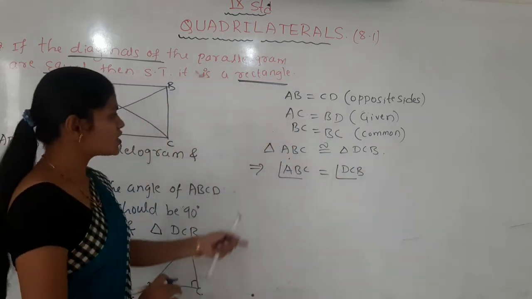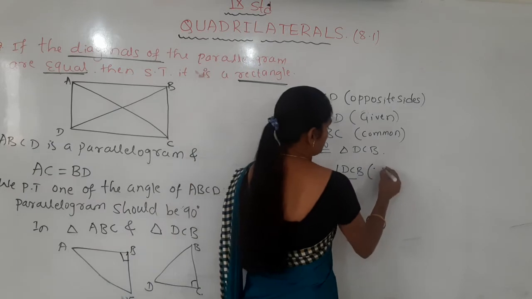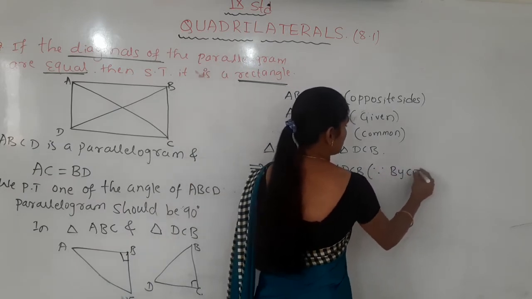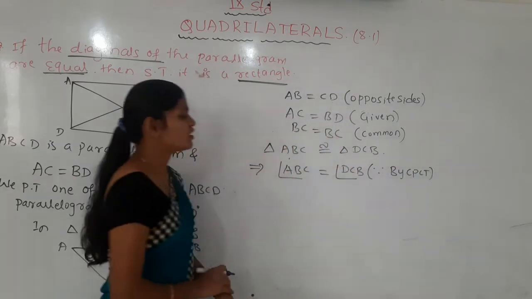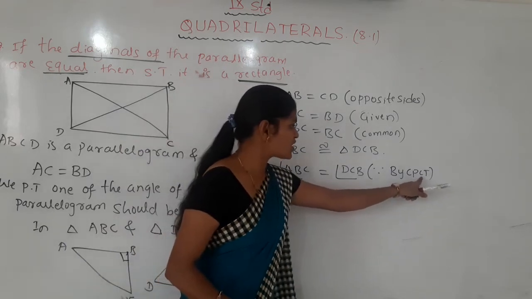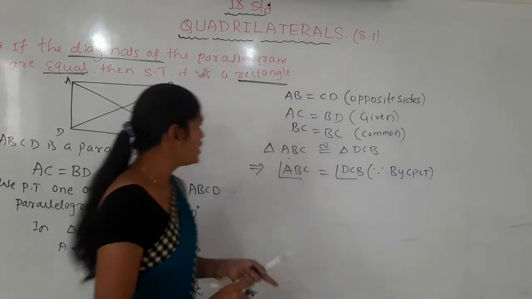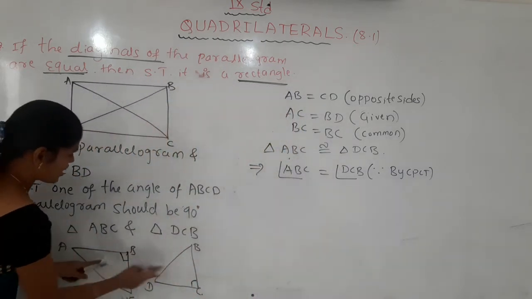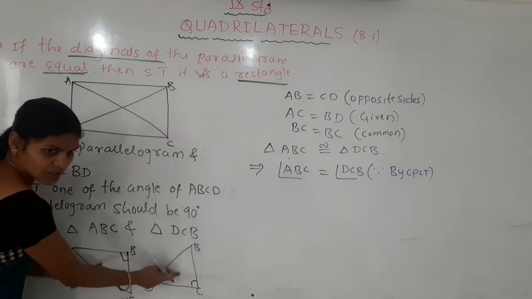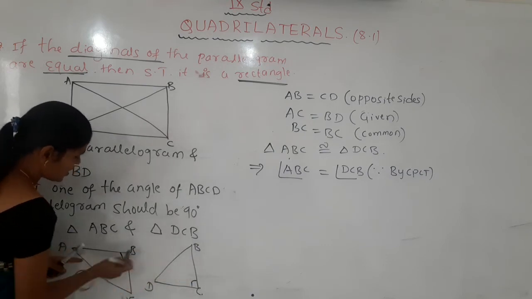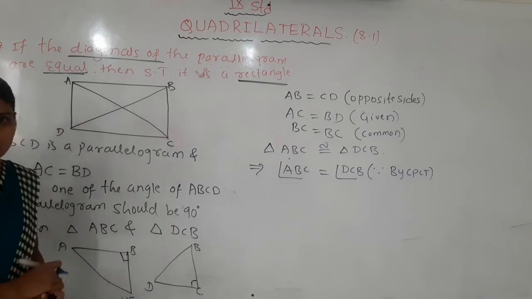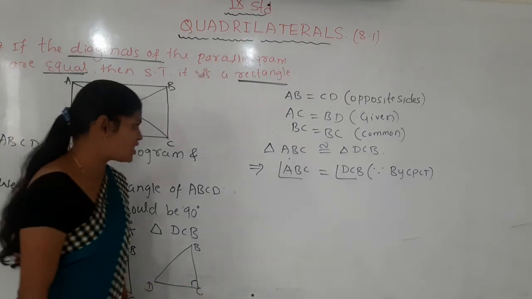Why? Because by using CPCT. CPCT means what? The corresponding parts of congruent triangles are equal. If these two triangles are congruent to each other, the corresponding angles are equal here. So angle B is same as angle C.